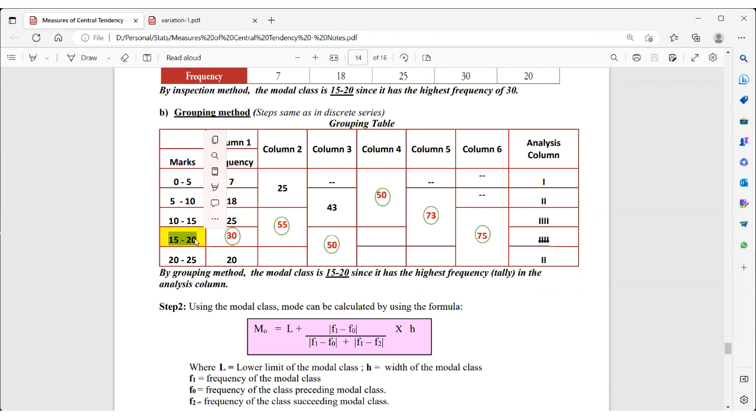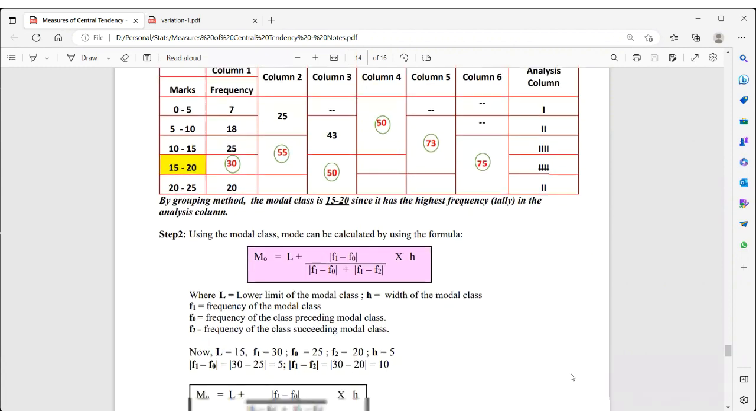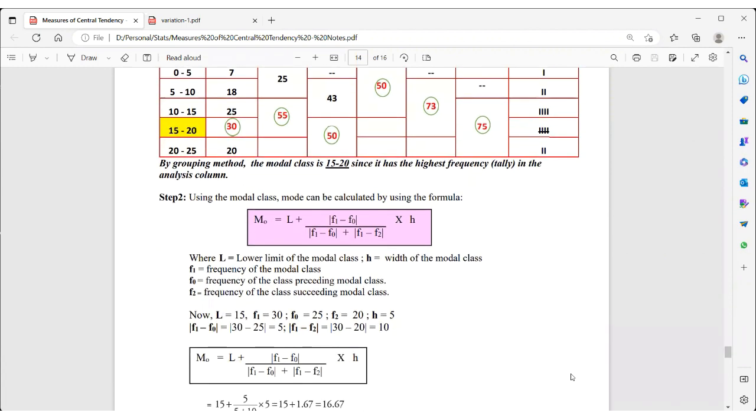Is that clear? Yes, sir. Any doubt? No, sir. For this model, to find the model, this is the formula for the continuous series.